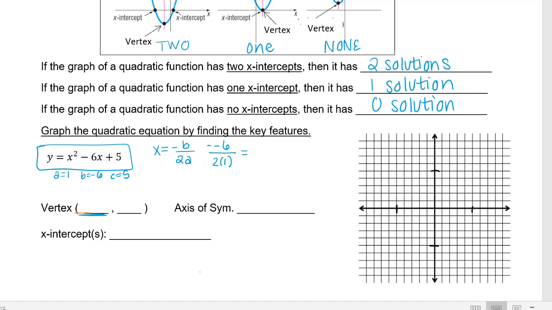We get 6 over 2. We know that x is equal to 3. So our axis of symmetry is 3 and the x value of our vertex. So I'm going to graph that axis of symmetry right off the bat. And then go back to graph that vertex.